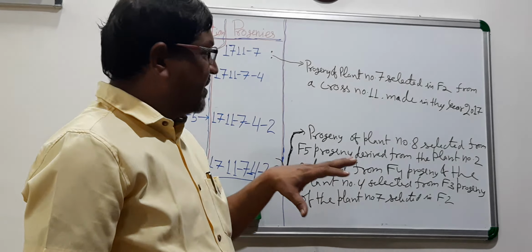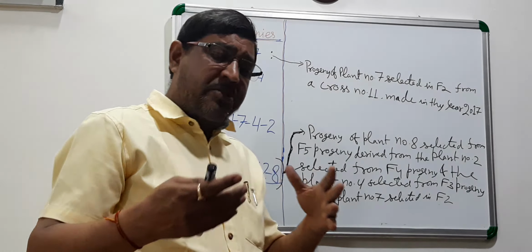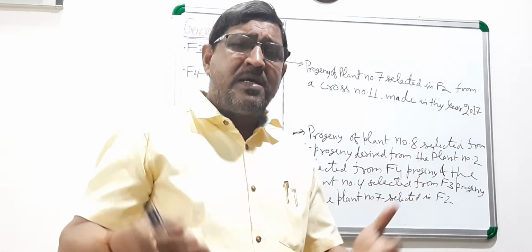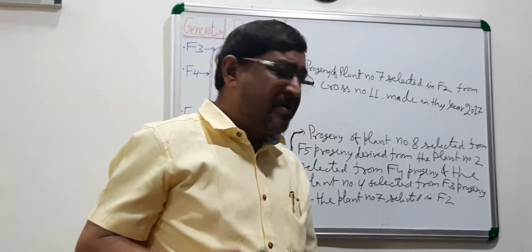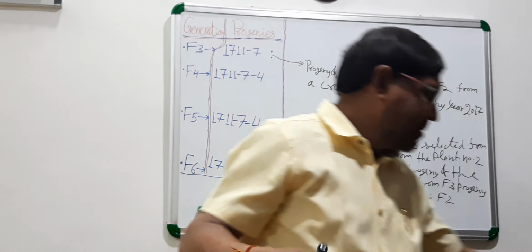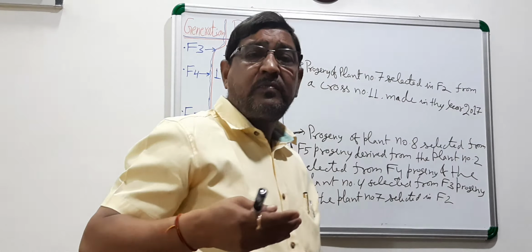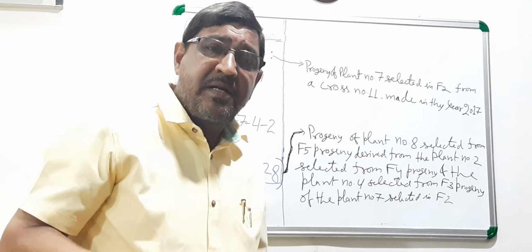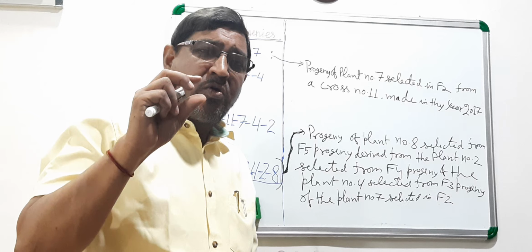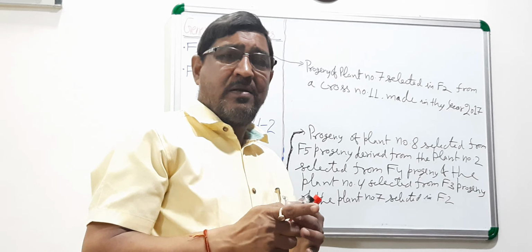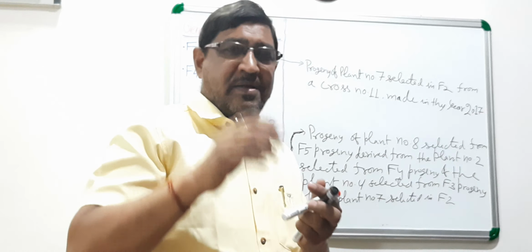So, here you can see that you are making a large number of crosses in every year. So all crosses are being numbered.